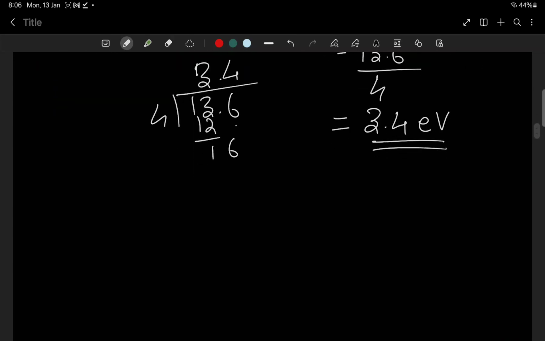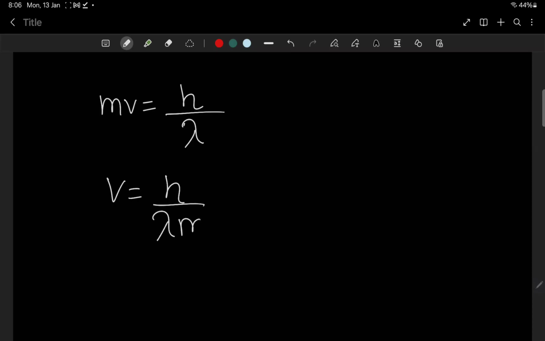Now what do we have? This thing we got. Now they have asked us to find the recoil speed. You know that mv is equal to h by lambda. So they are asking the recoil speed, so v equal to h by lambda into m. Sorry, this is not the formula. You know that the difference in energy is equal to h by mc.